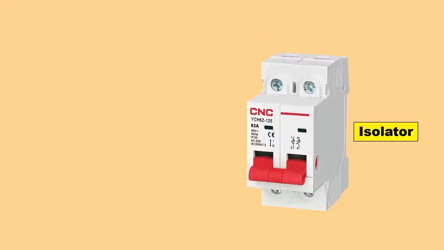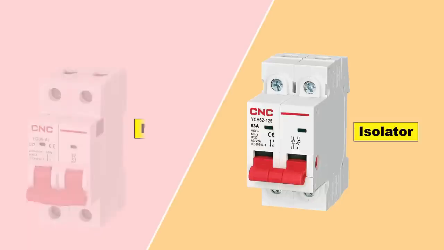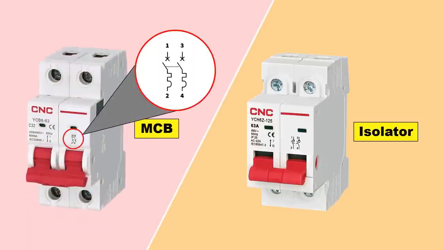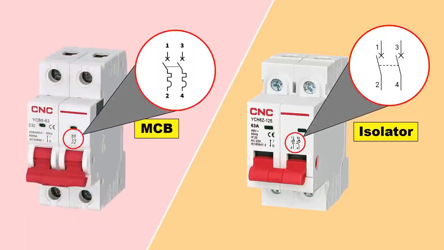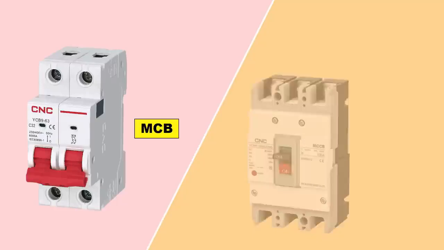And if you install isolator in your home, then you will not get any kind of protection. You can look in this screen what is the symbol of MCB and what is the symbol of isolator. So whenever you go to buy a MCB, then look carefully to the symbol on the MCB, whether it is MCB or not.